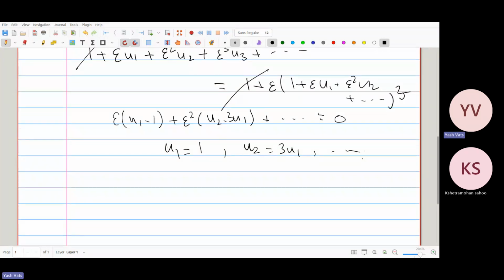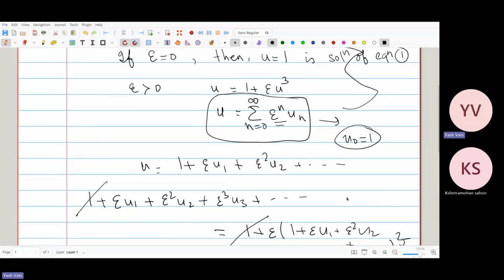So u2, if u1 is 1, is 3; you can try to calculate what u3 is, which is 12, and so on. So ultimately you are able to find which coefficients are coming, u1, u2, and so on.